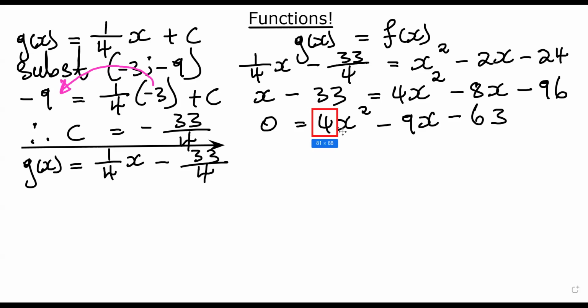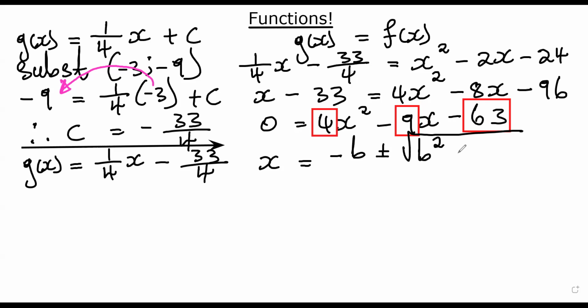And here you can see that you can't divide everyone by 4, right? 9 is not divisible by 4, and 63 is also not divisible by 4. So this means the easiest thing you can do is to use the quadratic formula, if you're not comfortable factorizing quadratic equations where the coefficient of x squared is not 1. So you can just use the quadratic formula.